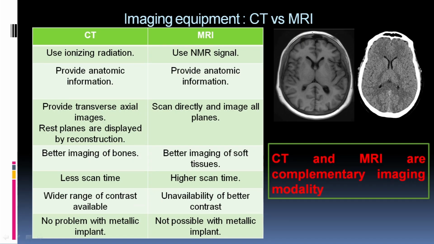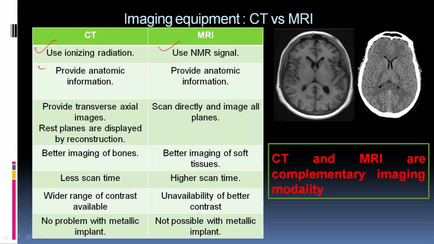Now, here is a comparison of CT versus MRI. CT, we know, uses ionizing radiation. MRI uses NMR signal. There is no use of ionizing radiation, so MRI is less hazardous in terms of ionizing radiation.